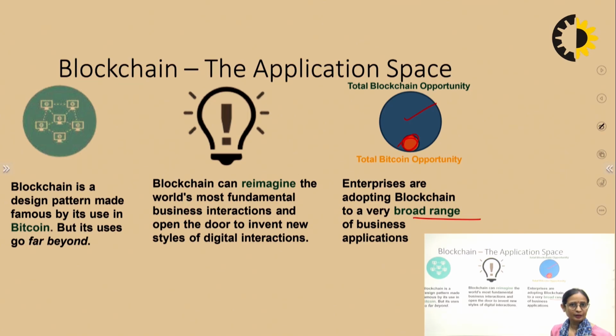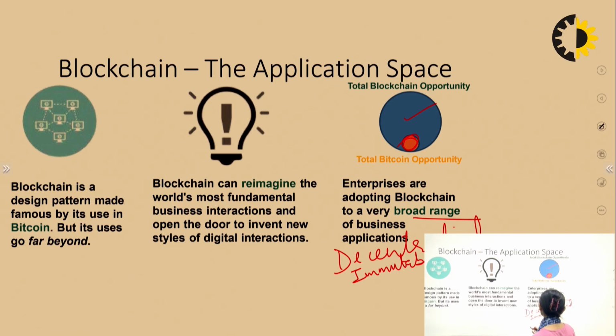And why are we able to use the blockchain? Because the very first thing, it is decentralized in nature. It is immutable. You cannot make changes once you have done the transactions.